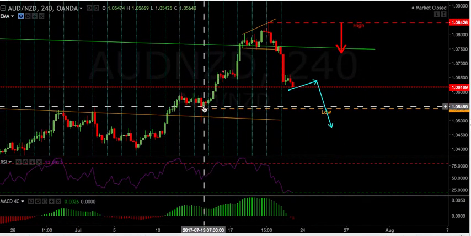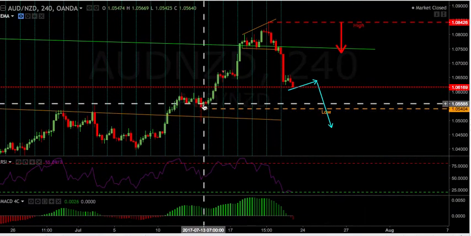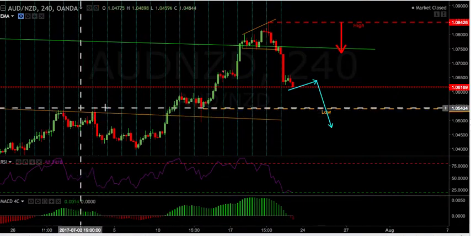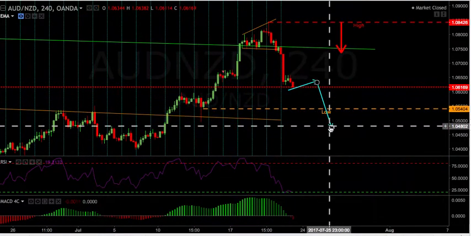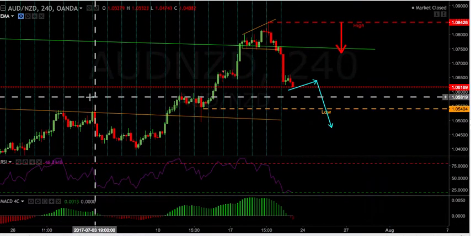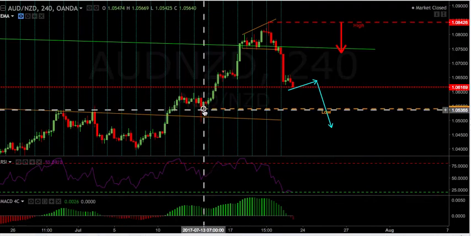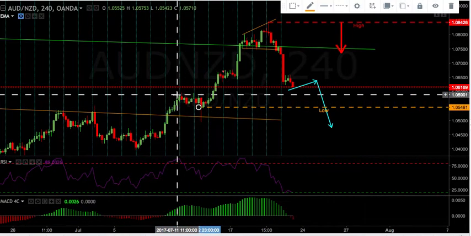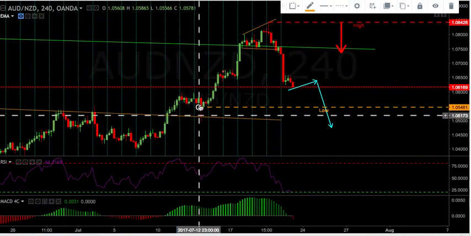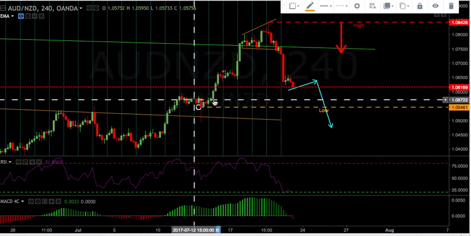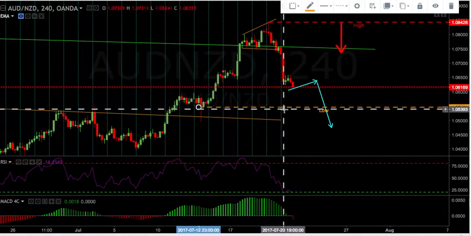So remember, every time you come to a previous low or previous high, watch the price action. I don't believe in support and resistance making these big long lines across the world, but I know that every time there were spikes and there was a high and a low, that's where orders are. So there's going to be movement every time it hits those areas.